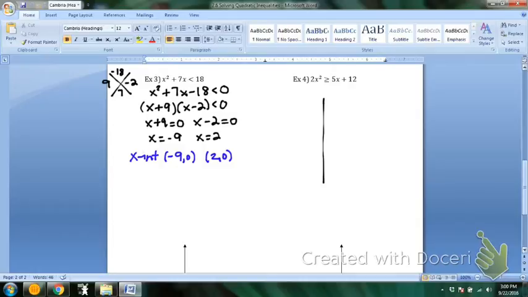I'm going to graph mine over here. Is this going to be a solid or a dotted line, Tish? Dotted, right? Because there's no equal sign with the inequality. So it's going to be a dotted line.